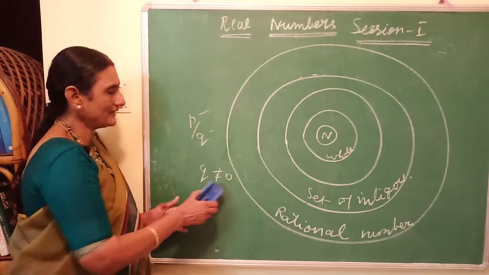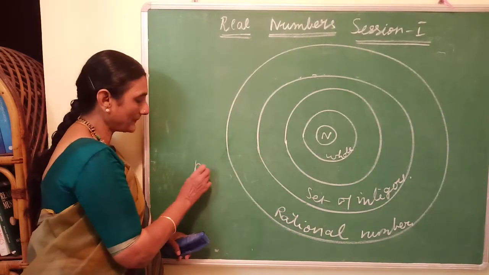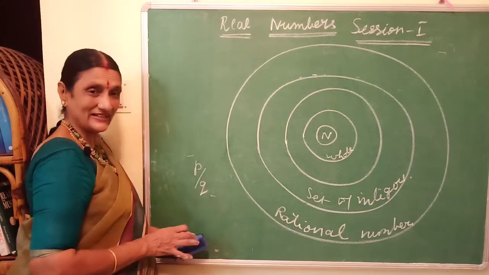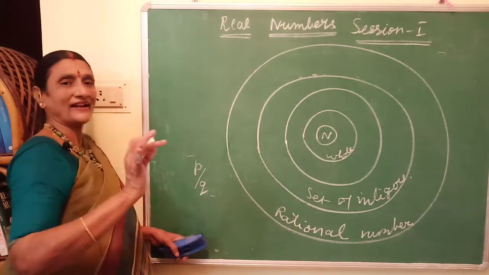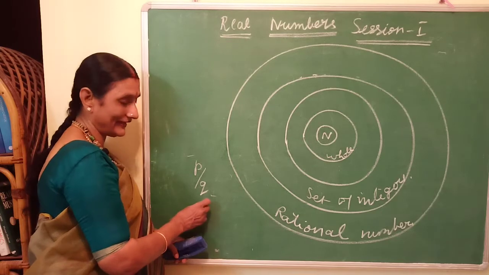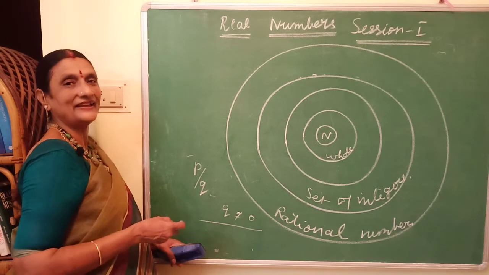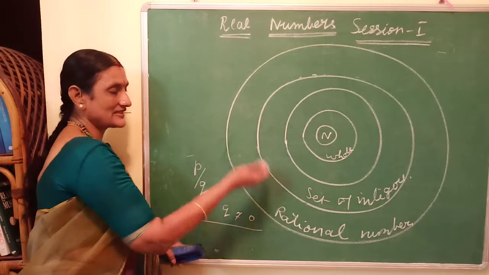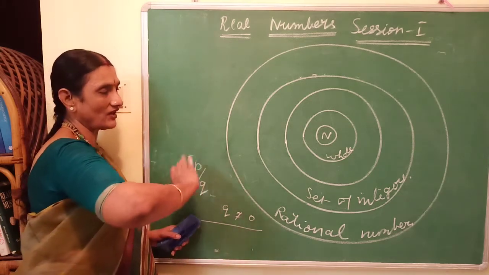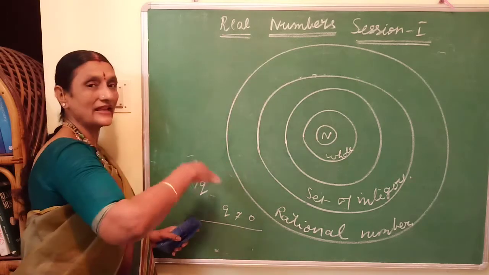So we define the set of rational numbers as the numbers which can be represented in the form p by q, where p and q are integers and they don't have a common factor between them, and another condition is that q is a non-zero integer. q is not equal to 0 in any case. Are you understanding? This is called the set of rational numbers, and we are comfortable handling all such integers, whole numbers, natural numbers. It includes everything.